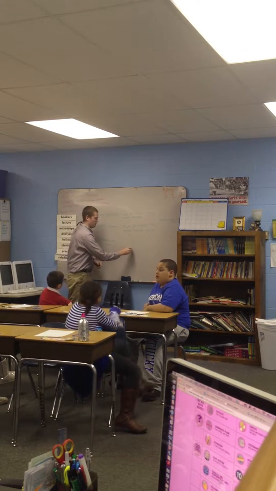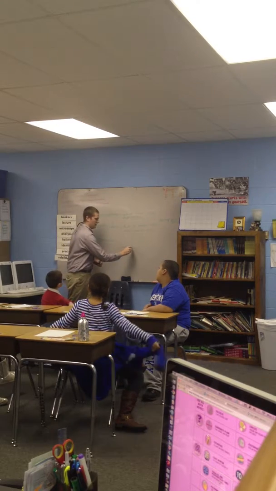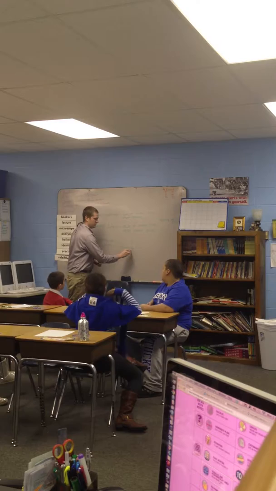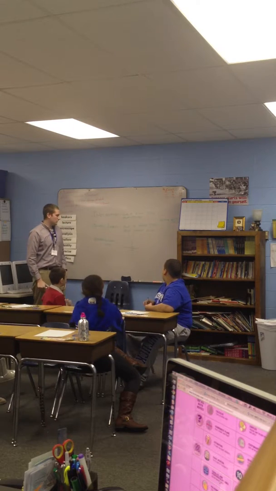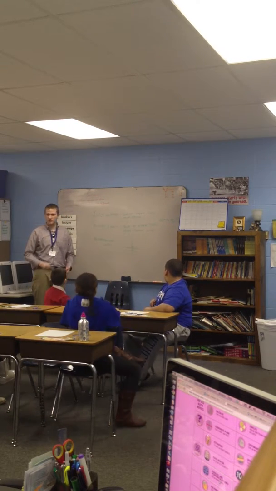One line going like this, horizontally, straight across. And it makes a right angle here, here, here, here. It's like a plus sign. So a plus sign is perpendicular lines.